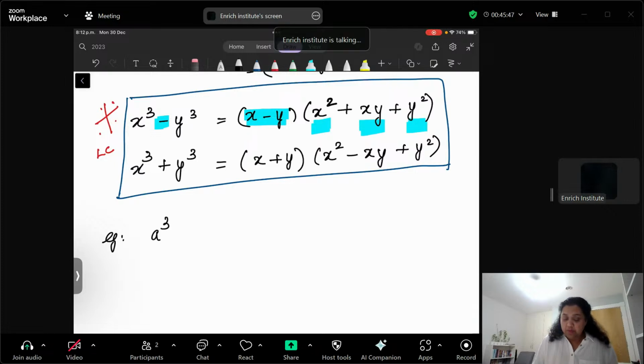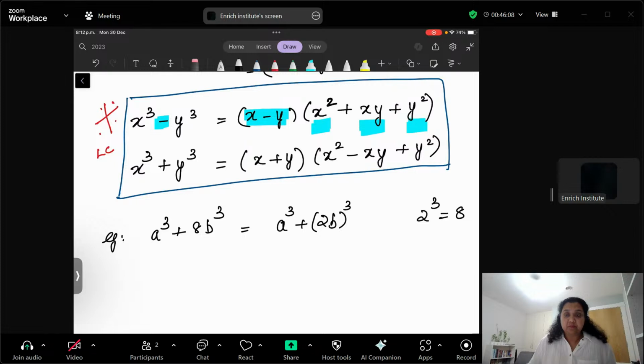Okay, a cube plus 8b cube. Whenever I see a cube, I know that this is the identity which I have to use. So what I will do is rewrite this as a cube plus 2b cube, because 2 cube is equal to 8. Since it is an addition, you can use the second one.